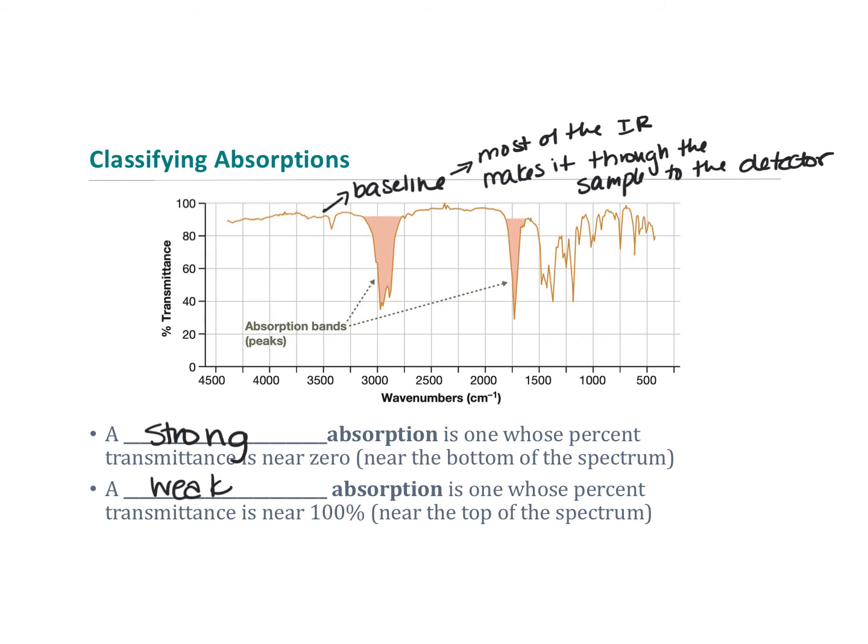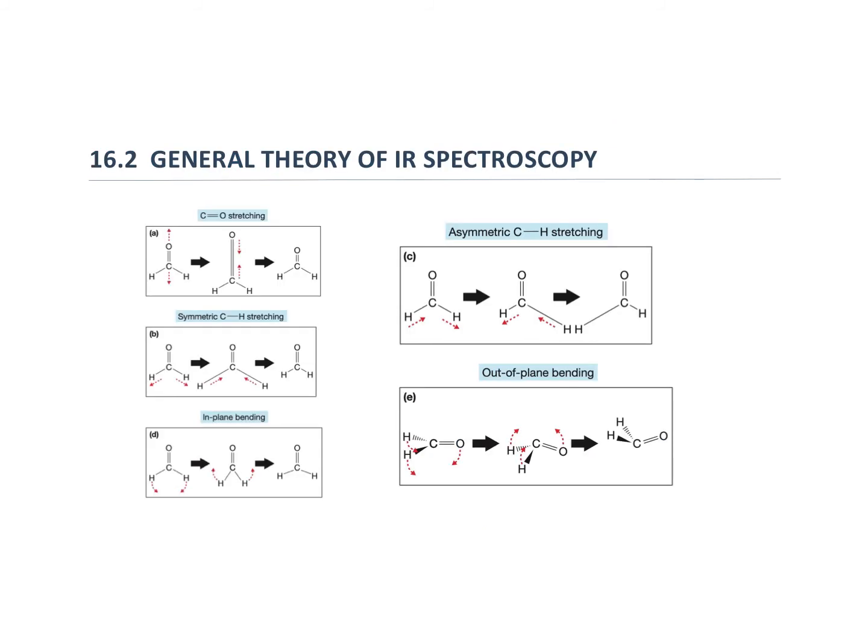Okay. Now, in the next screencast, we're going to learn how to use the IR spectra to determine certain aspects about the molecule structure. But we're going to talk some more about just some general theories behind IR spectroscopy first. For example, why do we get these stretches when light hits? Or why do we get these peaks when light hits?